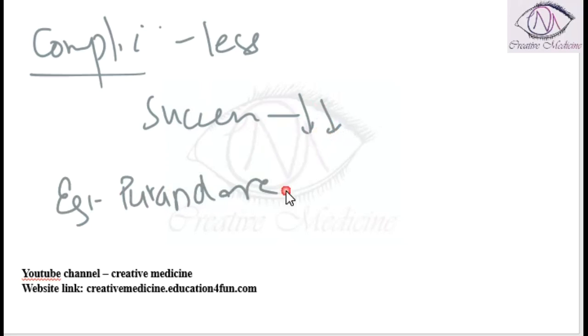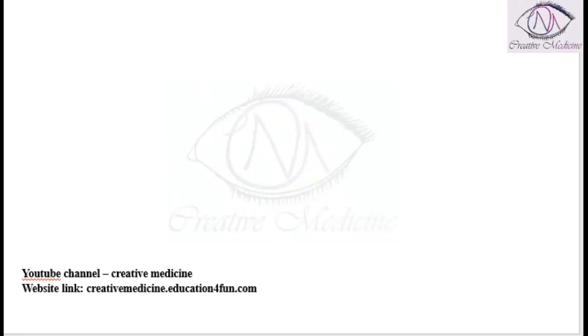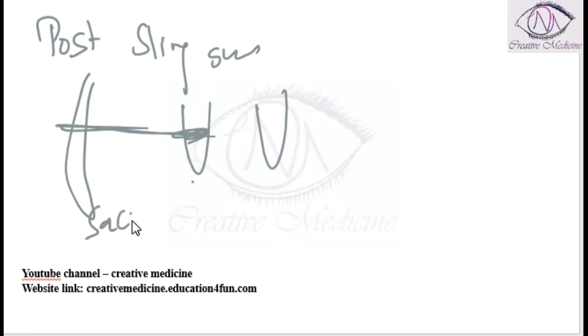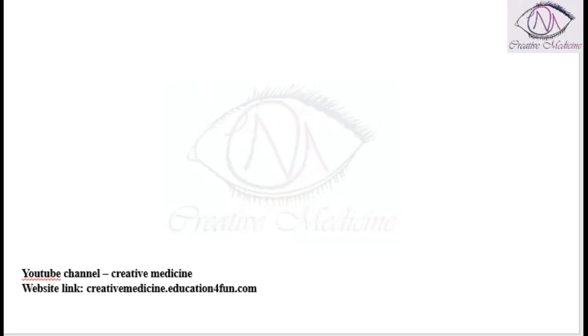Second, we have posterior sling surgery. In posterior sling surgery, one end is attached to the posterior part of the isthmus and the other end is attached to the ligaments of the sacrum. Here, the posterior sling is actually a static sling. The complications of the posterior sling are more and the success rate is better.